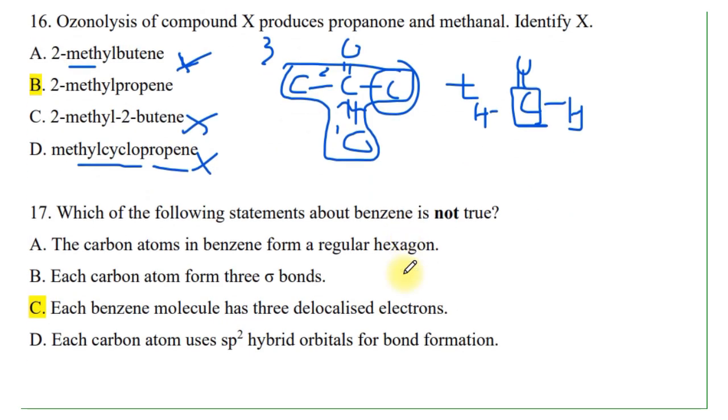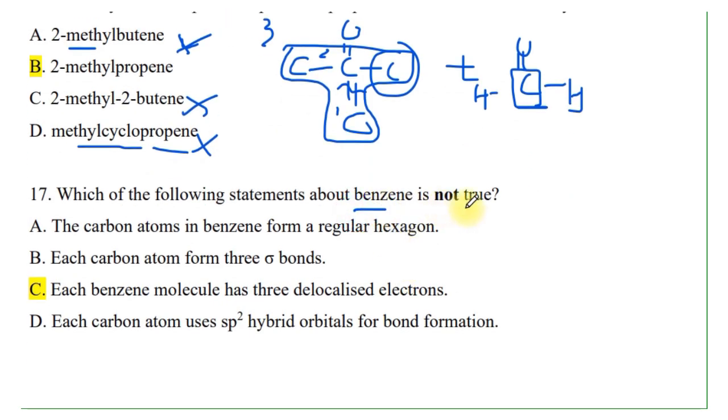Question number 17 is related with benzene. Not true. First, the carbon atoms of benzene form a regular hexagon. Yes. Each carbon with 3 sigma bond. Yes. Why we say like this? We try to draw the benzene ring, alternate double single bond.